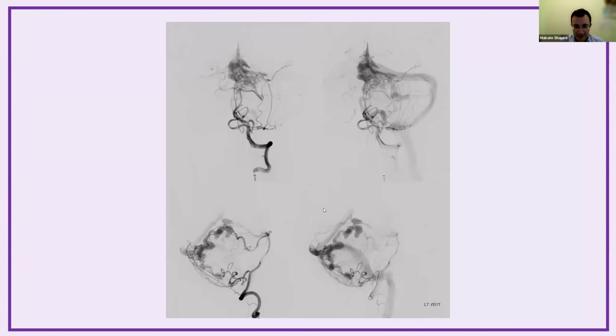Now here's the vert injection. And so here is where things get a little bit interesting, because it looks like obviously there's a lot of supply. Now some of it is going to come through this posterior meningeal artery, the artery of the back here.